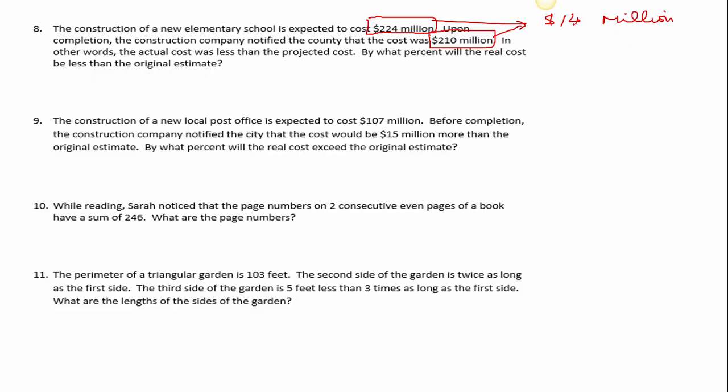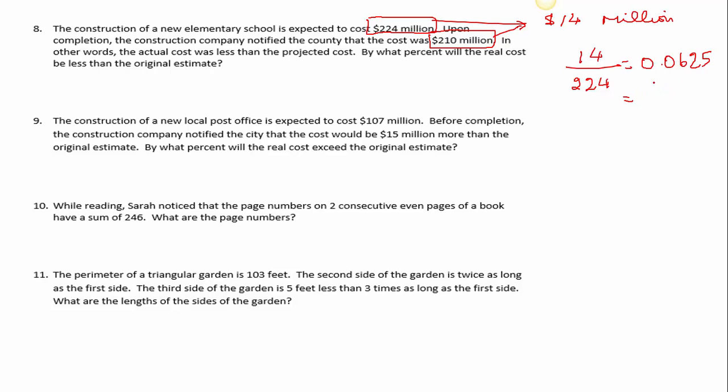So the percent would be the change in cost, which is 14, divided by the estimated cost, which is 224. And if you divide 14 by 224, you will end up with a decimal notation number, and then you multiply by 100 to get the percent. So 14 divided by 224 equals 0.0625. This is the decimal notation.